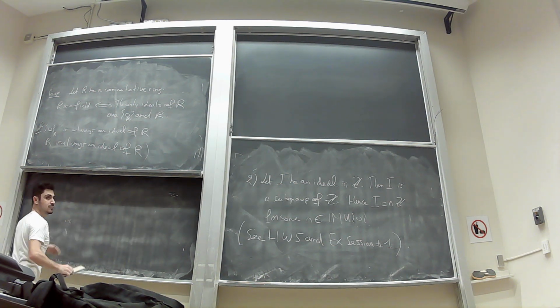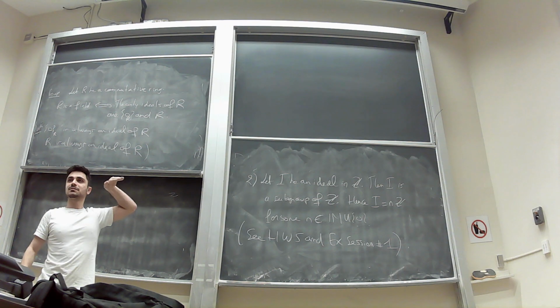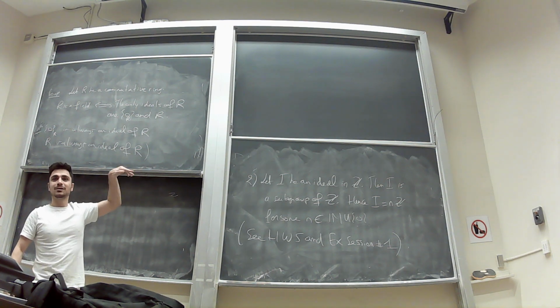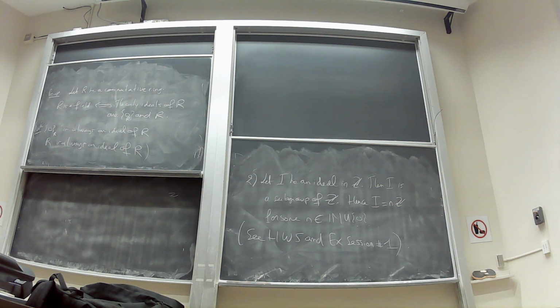Which way do you want to start? This way or this way? This way. So if R is a field, then the ideals are 0 and R. Which one do you prefer? This way? Okay, let's do this way.